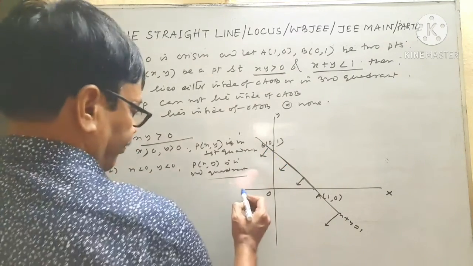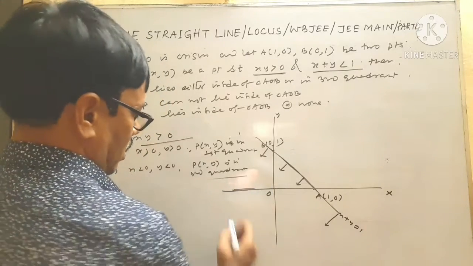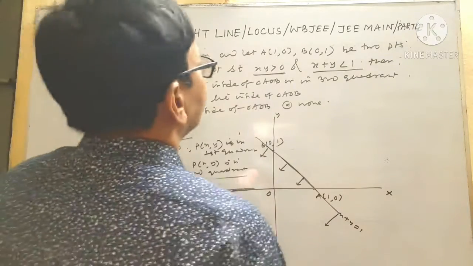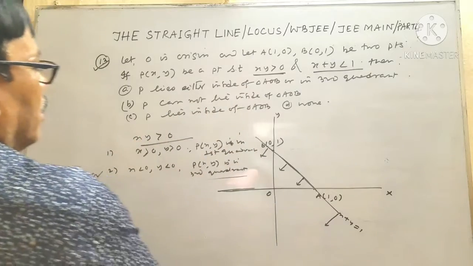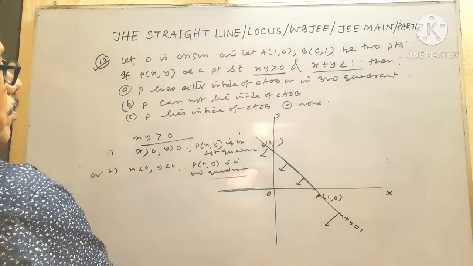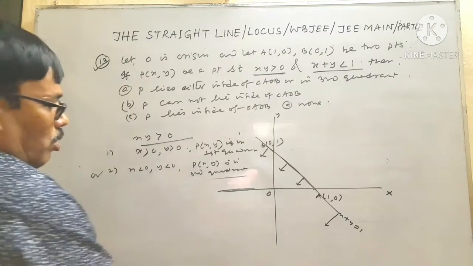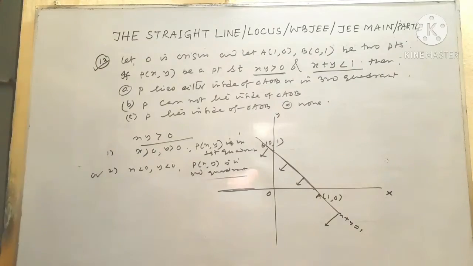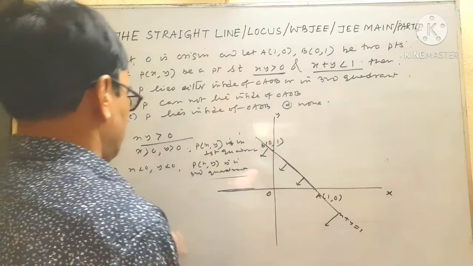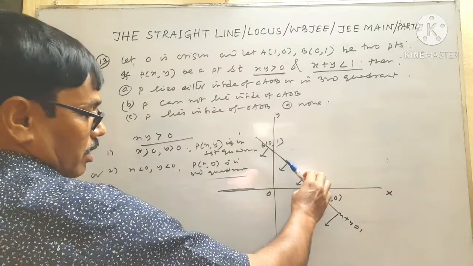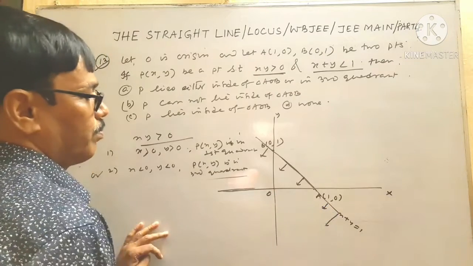So look, P(x, y) lies in the first or third quadrant, and x plus y less than 1 means towards the origin.